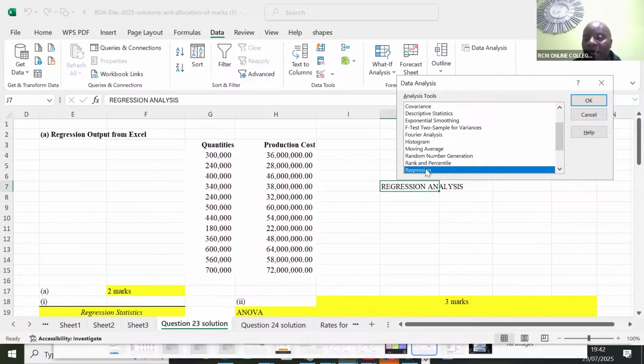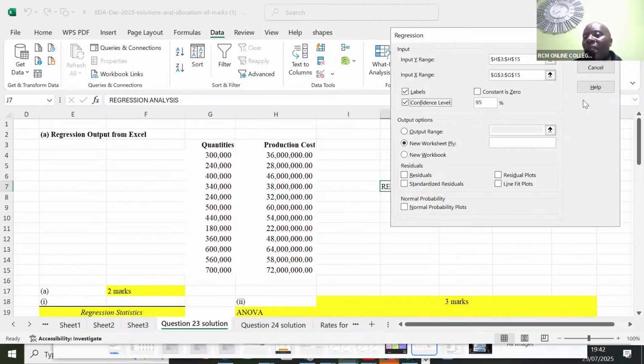So you come here and they say regression. You click on regression, then say okay. Now, once you say okay, you need to know, of course, we have agreed that quantities are X and production costs are Y. So come here and fill this.